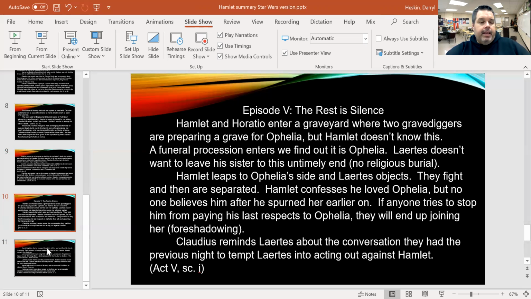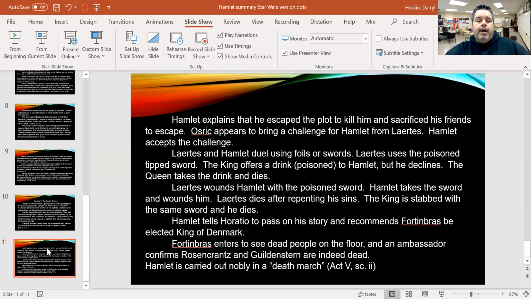And then finally, the last scene. So we get the whole story of what transpired, that Hamlet was en route with Rosencrantz and Guildenstern accompanying him to England. And then Hamlet finds out that one of them had a letter that was meant for the King of England, and in that letter, it says that upon arrival, Hamlet is to be killed.